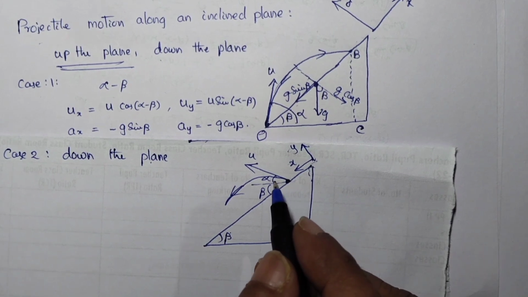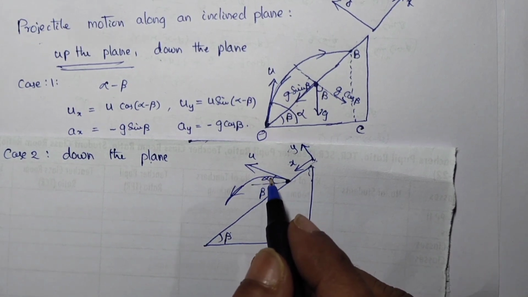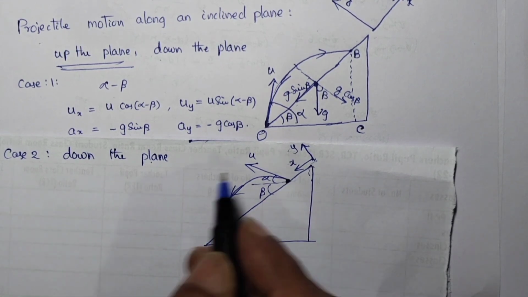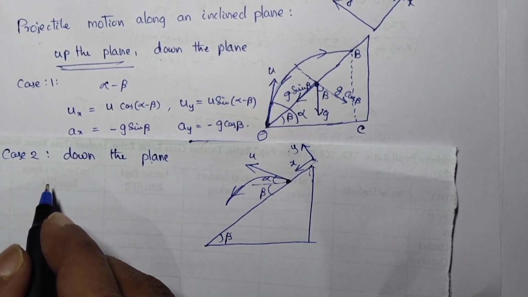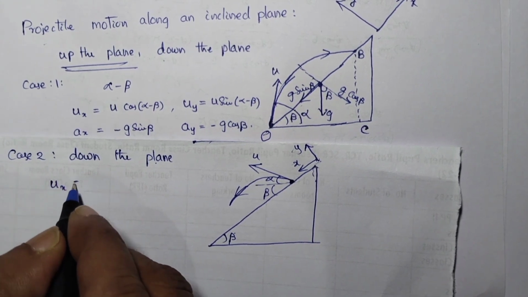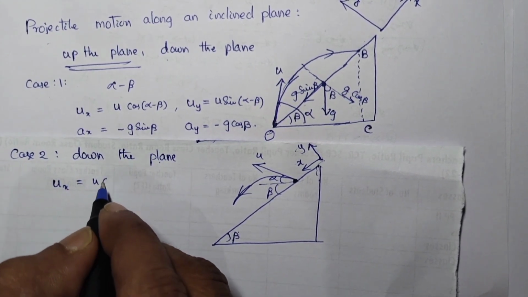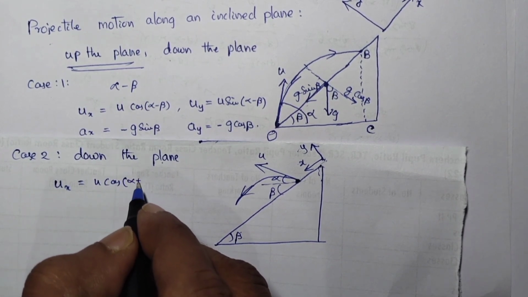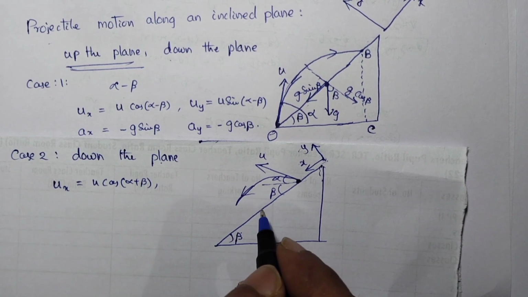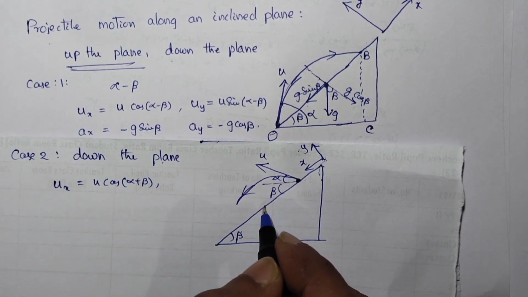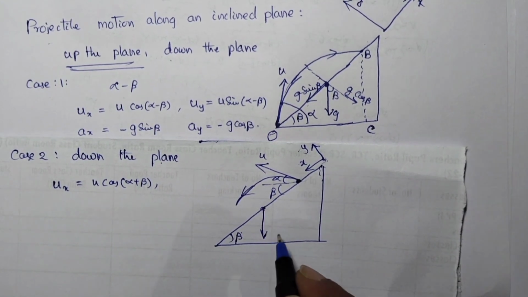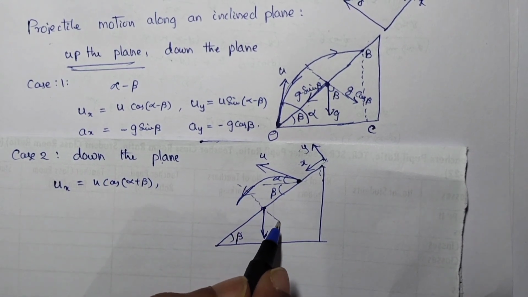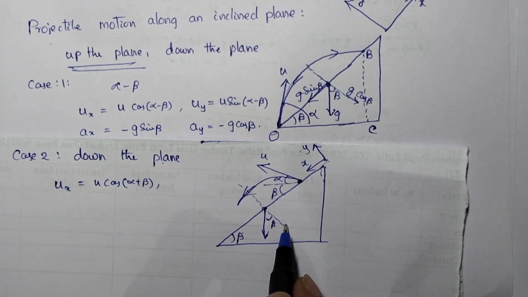Then by taking the horizontal and vertical projections in the x-axis and y-axis directions, ux is equal to u cos(alpha plus beta). Here gravitational acceleration g works downward, and the angle is beta here.